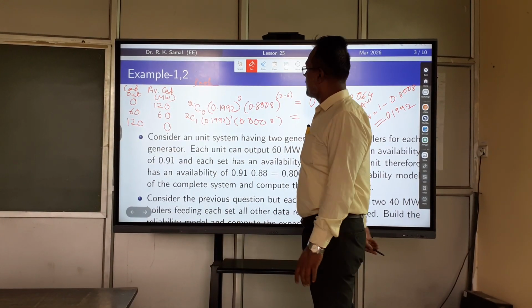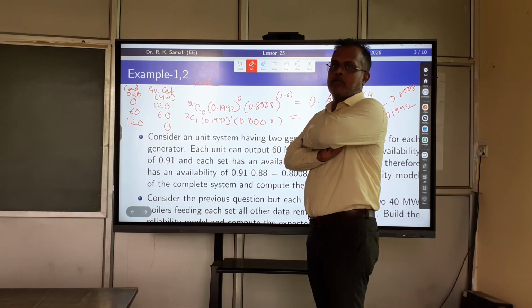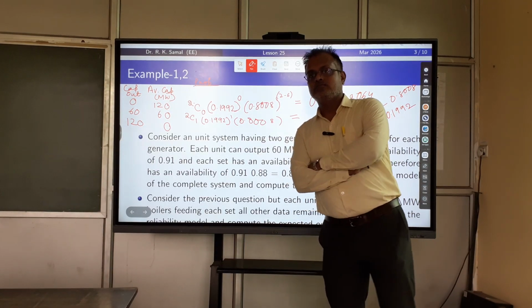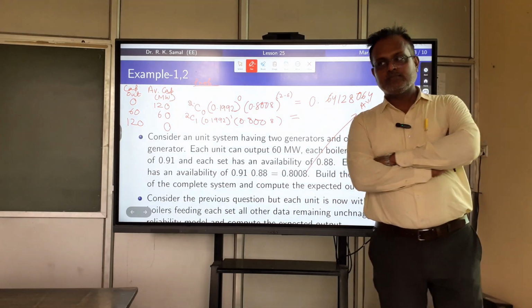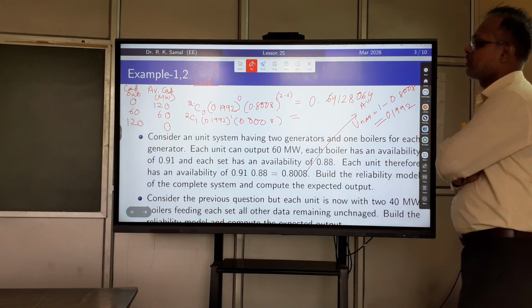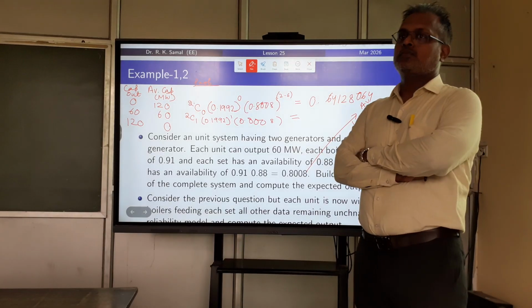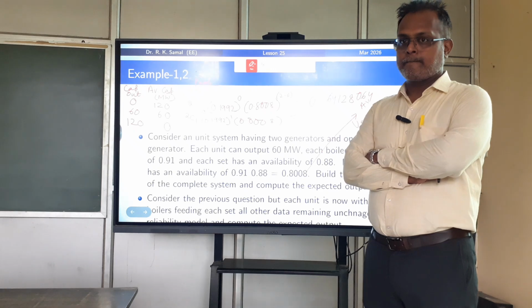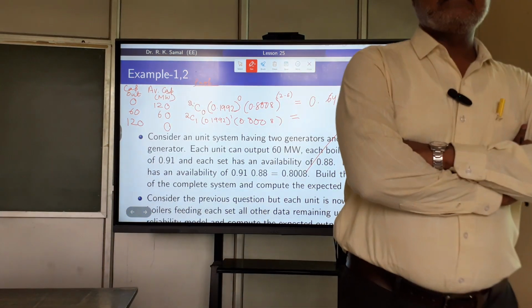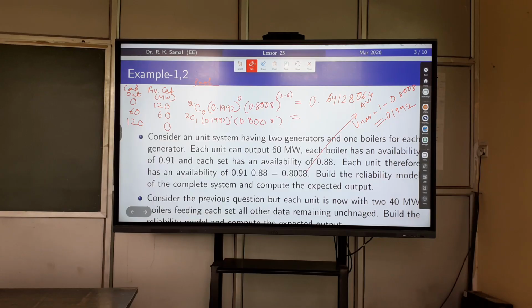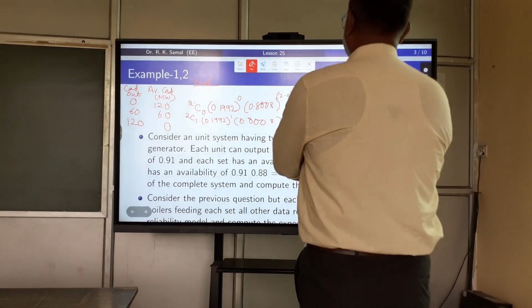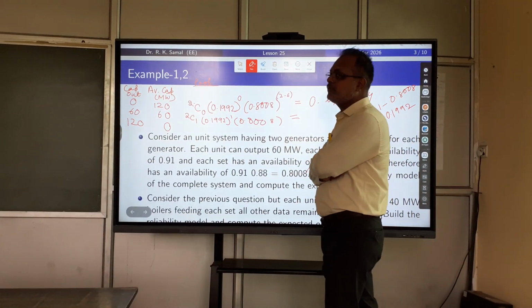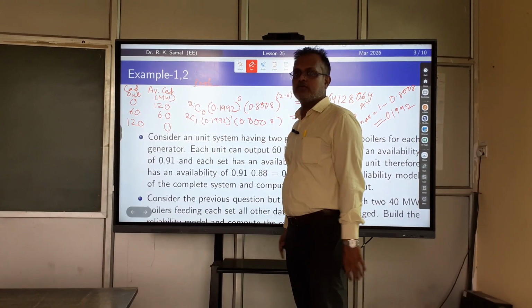How much is this? The second one is 2C1, which is 2.